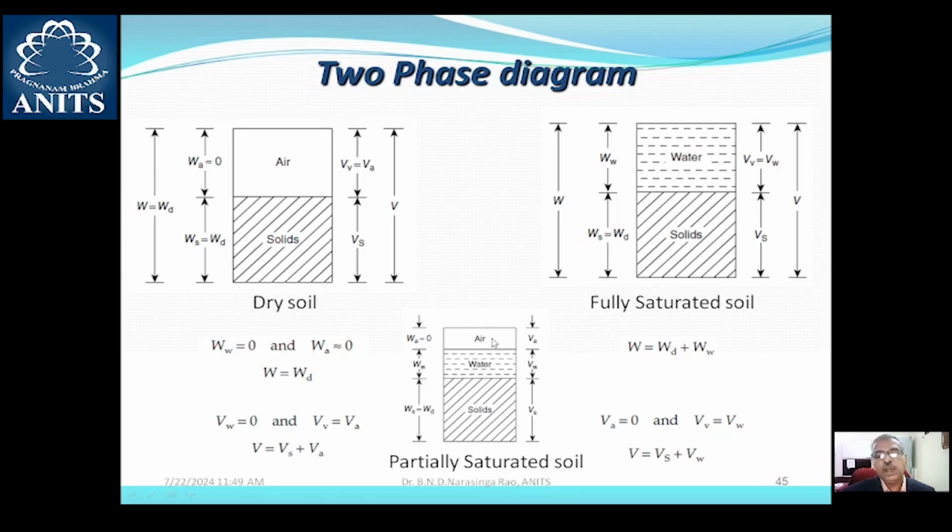Here the soil is referred to as, as I mentioned earlier, the three-phase system consisting of solid phase, the solid particles, liquid phase, the water, and the gaseous phase, the air. So this is the partially saturated soil, and the diagram is referred to as the three-phase diagram, which is somewhere intermediate between the dry soil and the fully saturated soil.